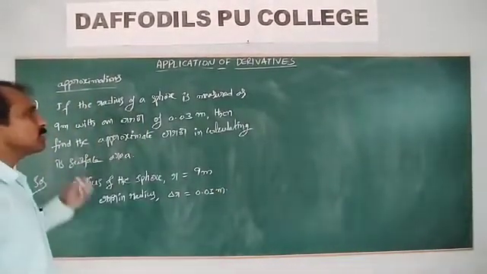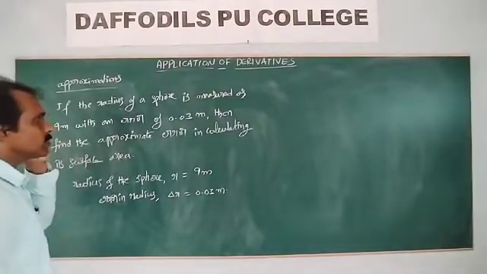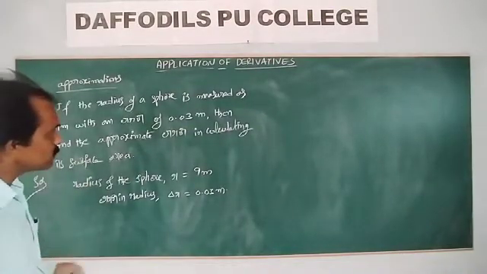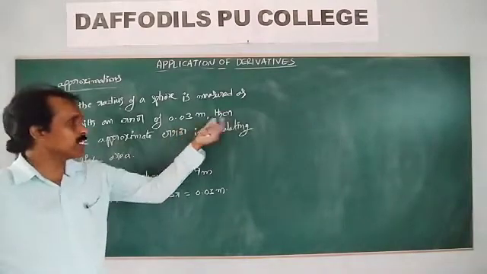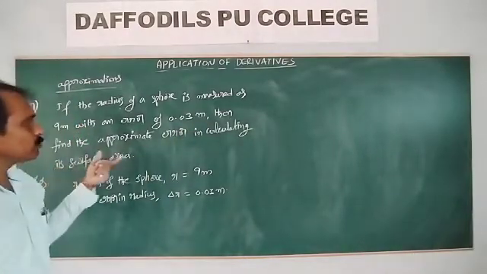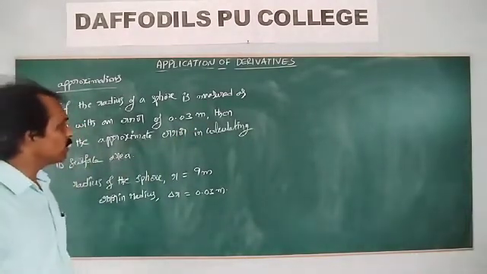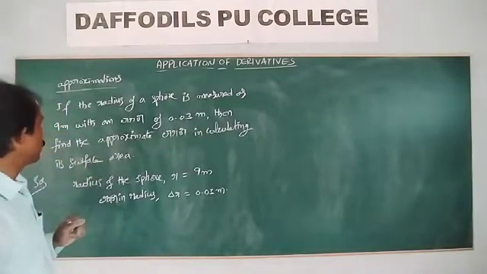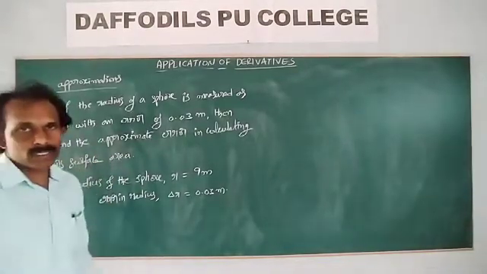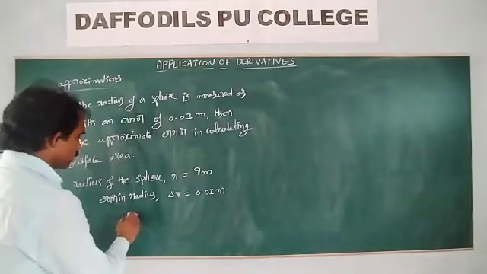Error means either increasing, which is plus, or decreasing, which is minus. It is some error, 0.03 meter. Then find the approximate error in surface area.